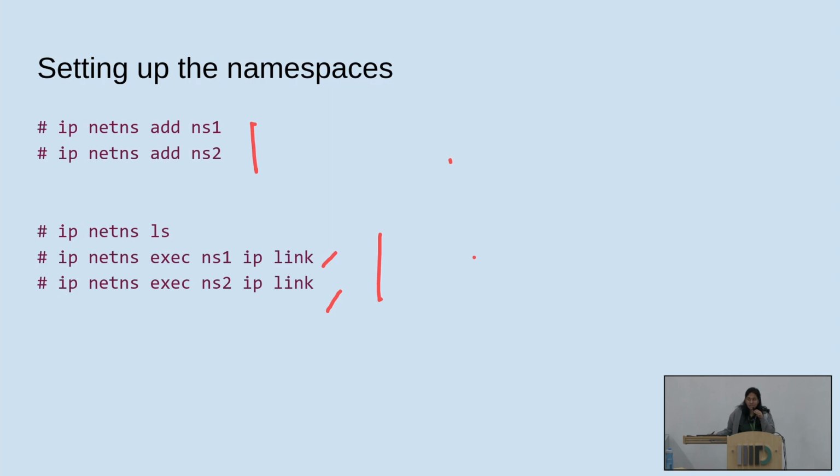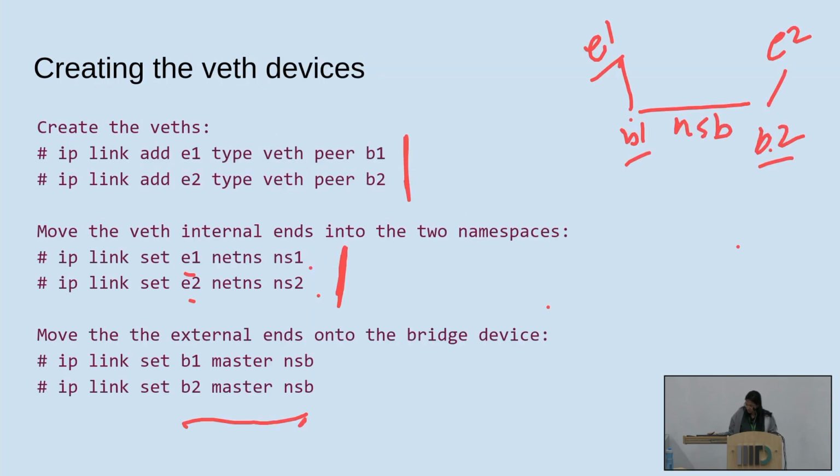So folks facing the issue, did you delete the namespaces? Right? Then add the namespaces again. Once the namespaces are added, follow these 2 steps here to add E1 and E2 to this NS1 and NS2.